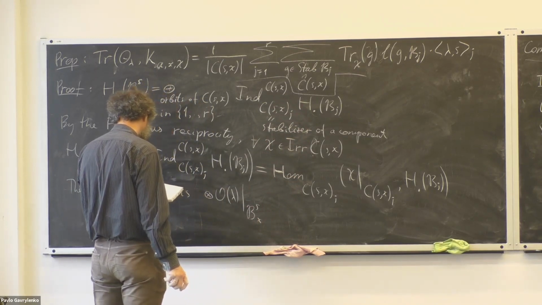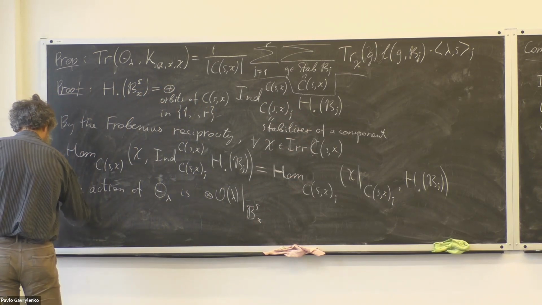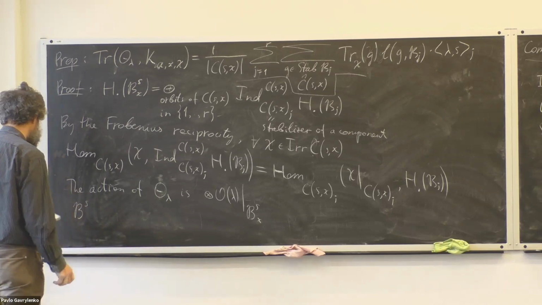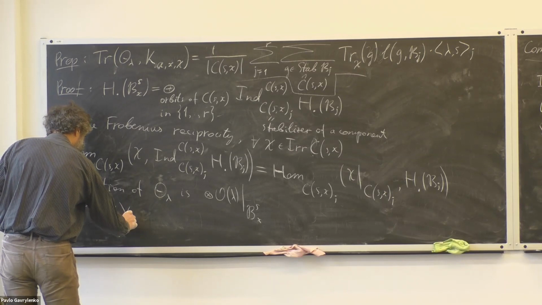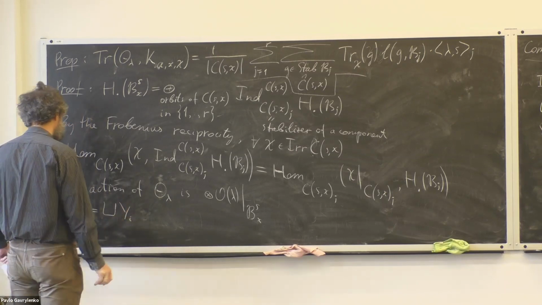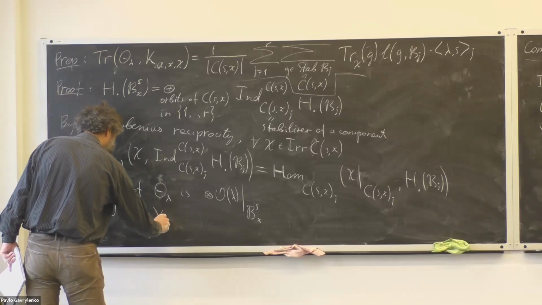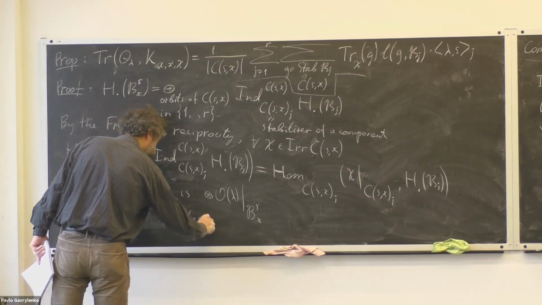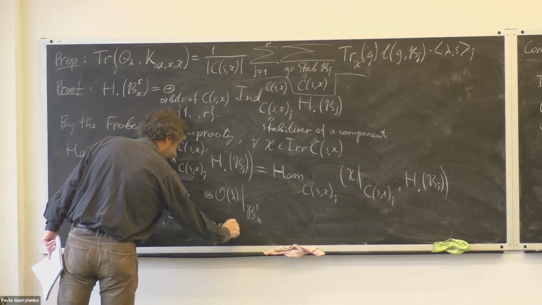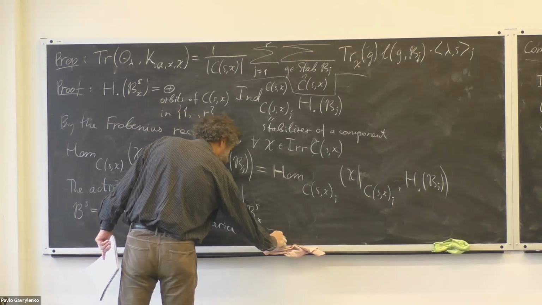And now if we consider first the fixed point set with respect to the semi-simple element, then as we discussed, this is the union of connected components, and the connected components are all isomorphic to flag varieties of the centralizer group.